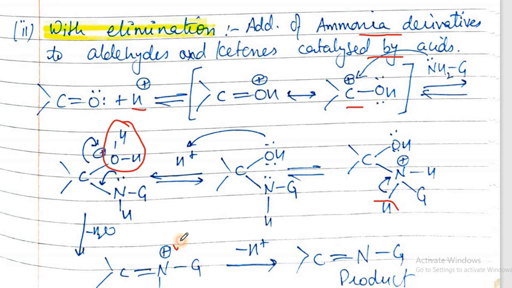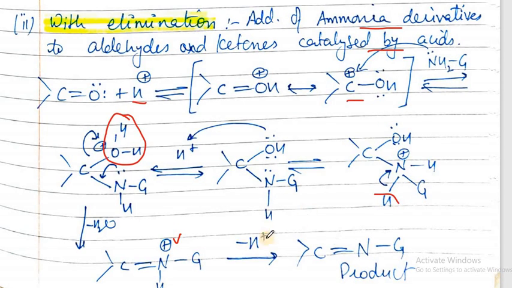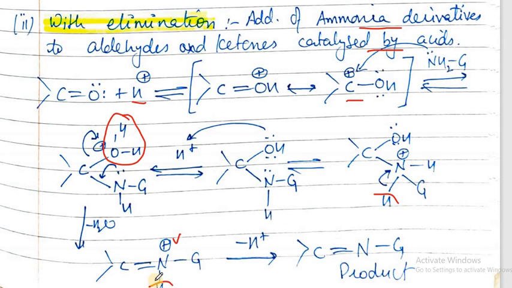Then after releasing this hydrogen, the electron comes to nitrogen, and nitrogen becomes neutral.